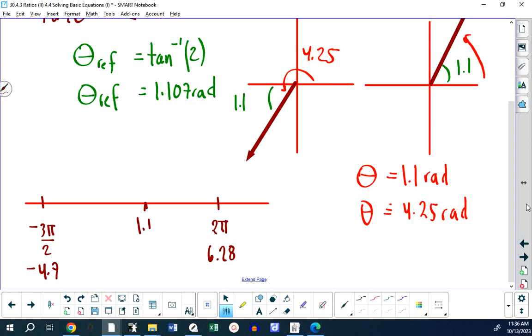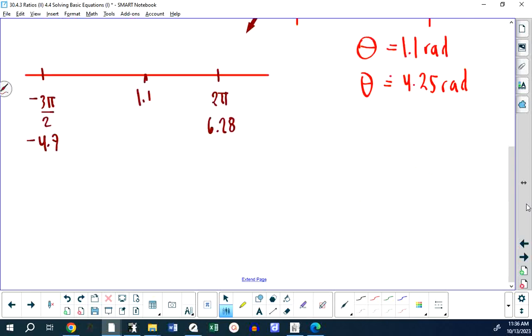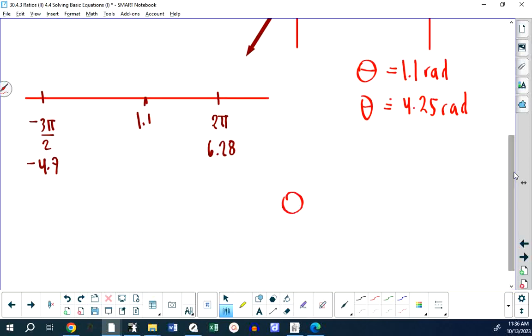So I'm going to now make an official list at the bottom. Theta equals 1.1 rads. Now, if I add 2 pi to 1.1, it will still be that same location. 2 pi plus 1.1, I figure that out, and I get 7.4-ish.